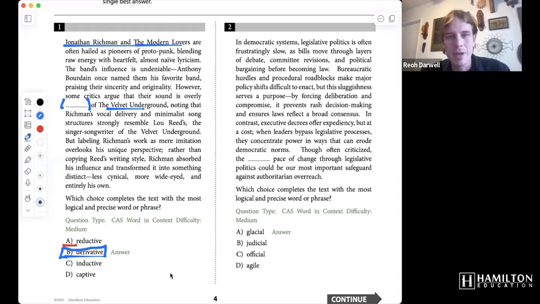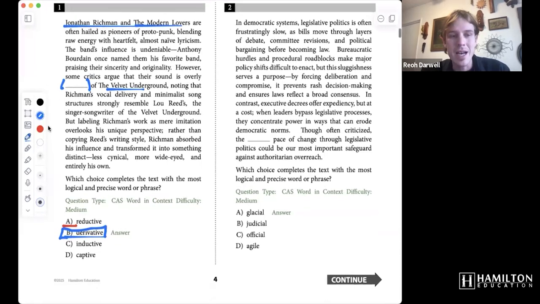But here, basically, it's saying that to be derivative of the Velvet Underground is to derive or to create much of their own image or sound out of something that already existed before, right? Lou Reed, the greatest of all time, and the Velvet Underground, the greatest of all time.